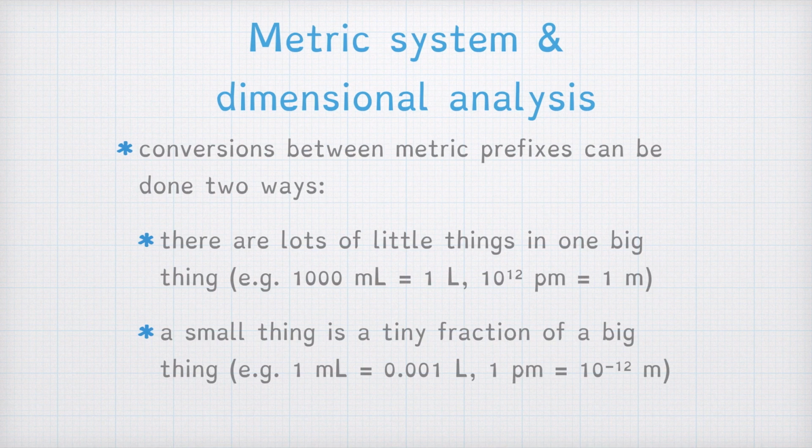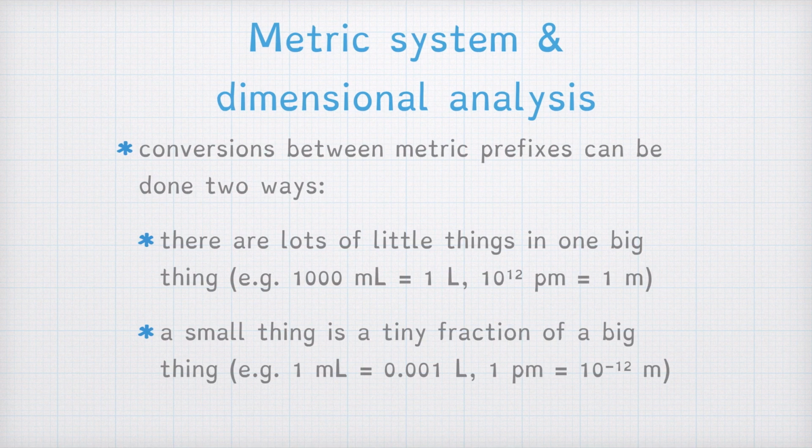Because we work with the metric system, it's important to know how to deal with metric prefixes in conversion factors. It's something that comes up a lot. Conversions between metric prefixes can be done 2 different ways, and my recommendation to you is to pick whichever way makes the most sense to you and then stick with it, because the trouble arises if you get these 2 different methods mixed up.